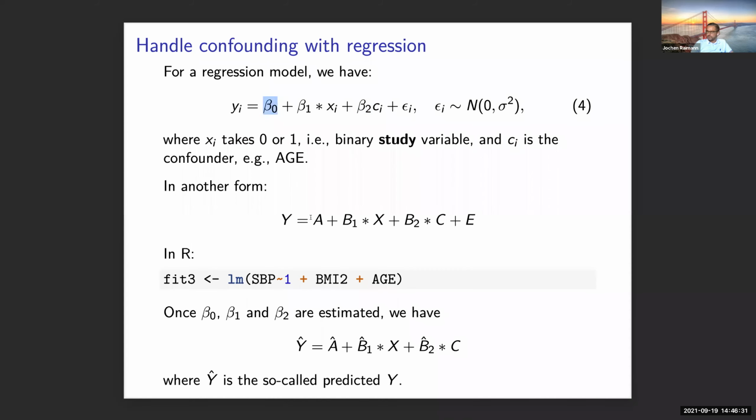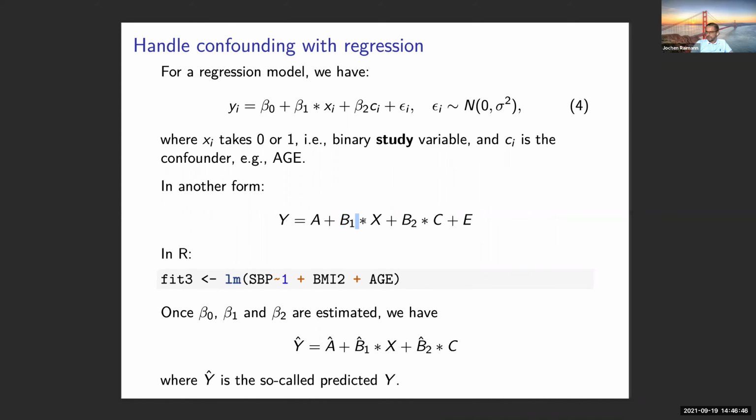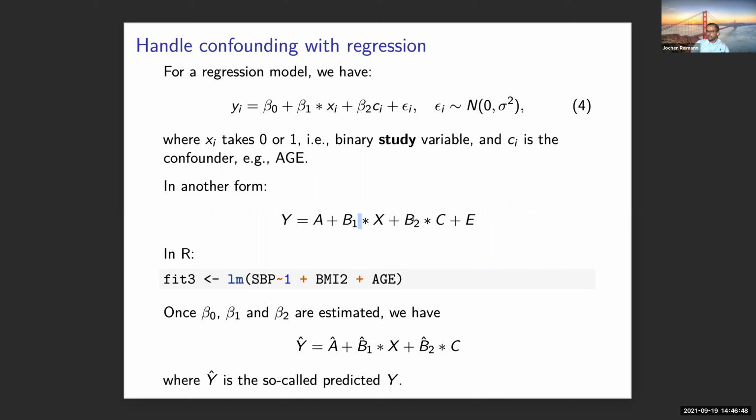So this is our beta 0, this is a, for constant age and xi equals 0. Then we have beta 1 multiplied by xi, so this is either 0 or 1. And then we have age, and the residual error, which is normal around a mean of 0 with a variability of sigma squared.